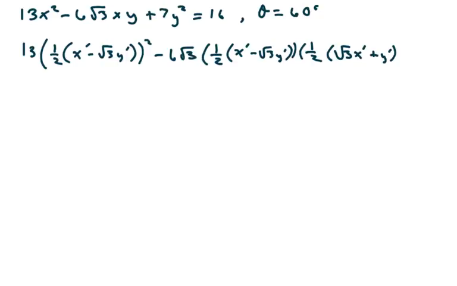And then we have plus, I'm going to have to move it down here, 7 times 1/2 square root of 3 x prime plus y prime squared equals 16.